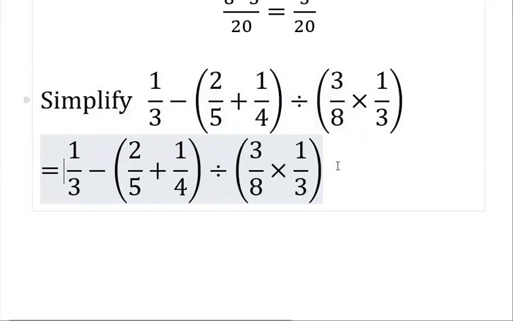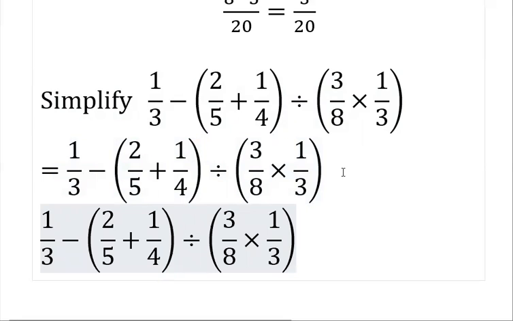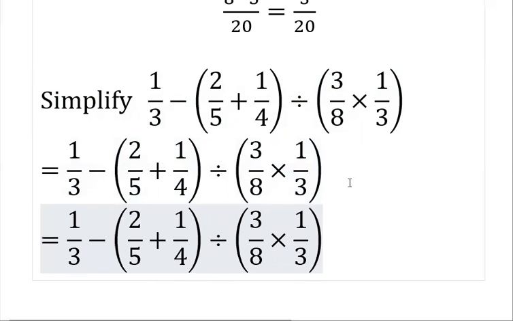Awesome. So with this, here we go. We now say, since we have this operation in the bracket, we have addition here, we have multiplication here. Don't forget, we say whenever we're having addition or subtraction, all we are going to do is to look for the LCM.